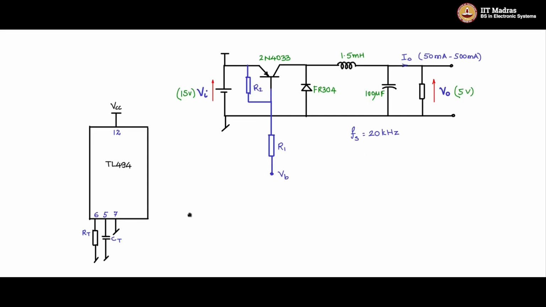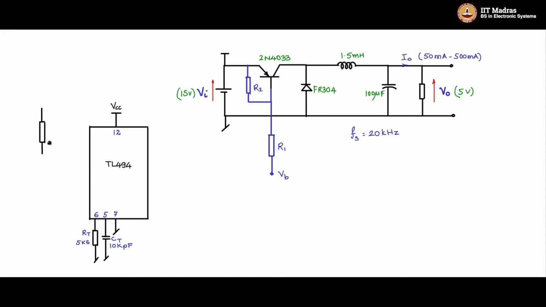If you want 20 kilohertz, one typical component value for resistance is 5.6 kilo ohms, and CT is 10 nF. There are various other possibilities you can use. From the data sheet, you can look at the nomograph and pick up the values of RT and CT.